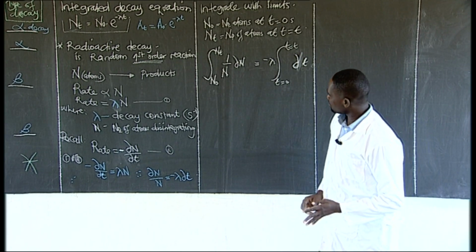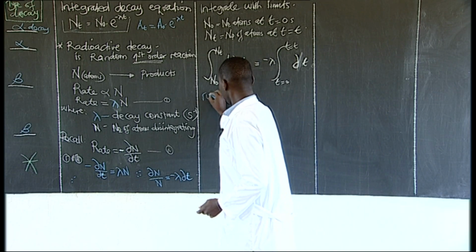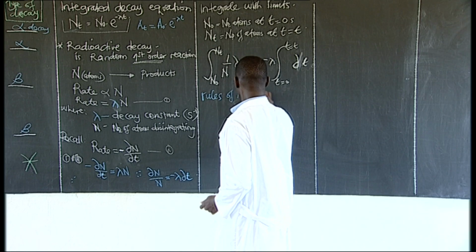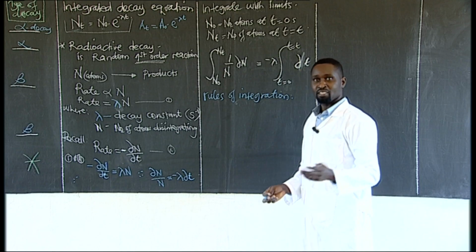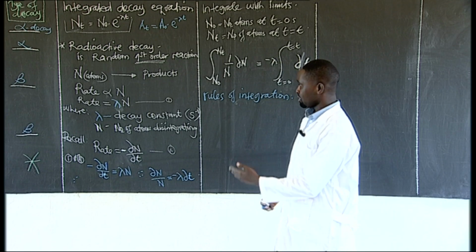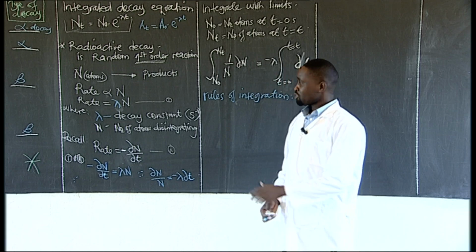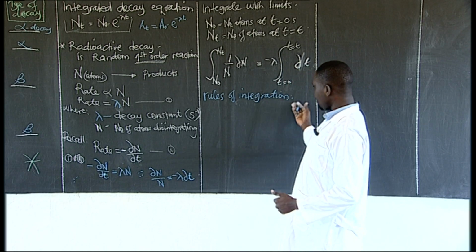The next step is to bring in the rules of integration. Again, to the PCM and to those taking math, this is kind of a repetition. To the PCB students, you also go through this in your sub-math lessons. So let's apply the rules.